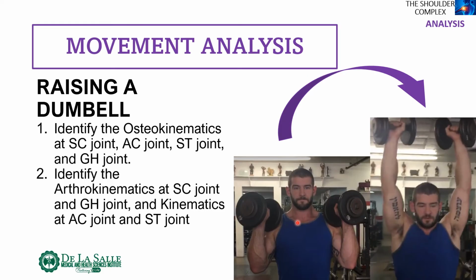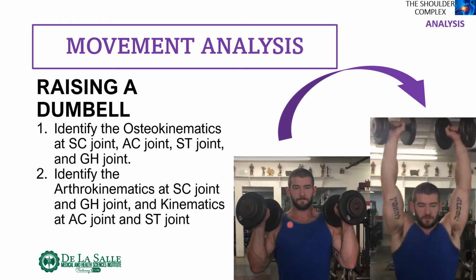For the elevation, since this is an open kinematic chain and the motion of elevation is happening on the frontal plane, therefore we can assume that it is the convex articular surface of the sternal end of the clavicle that is moving on the fixed concave articular surface of the clavicular facet of the sternum. Okay, with that we have to follow the opposite rule.